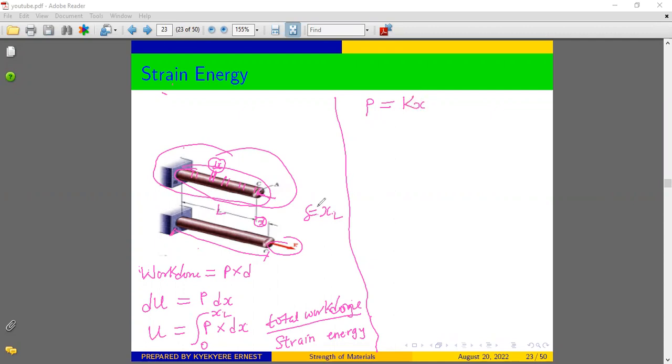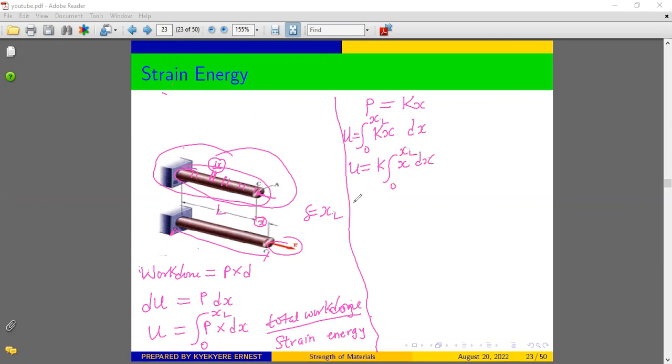Therefore, when we substitute this kx in place of our force, then our total work done, capital U, is equal to the integral of kx dx, and we are integrating from 0 to xL. The k is constant, therefore we can bring the k out and say that we are going to get k times the integral of x dx from 0 to xL.